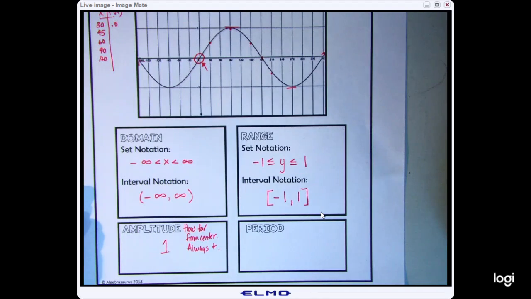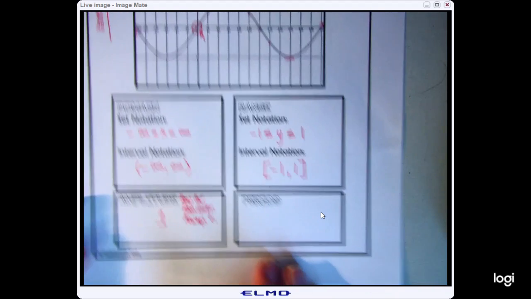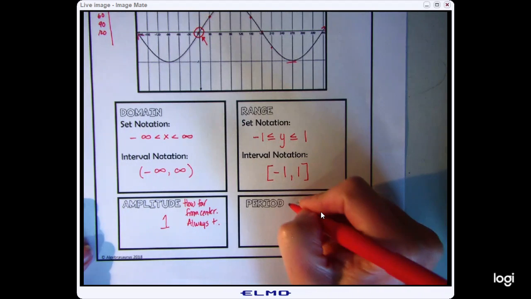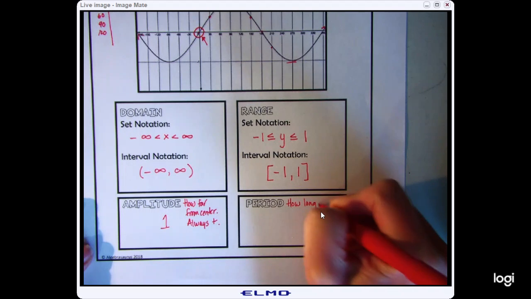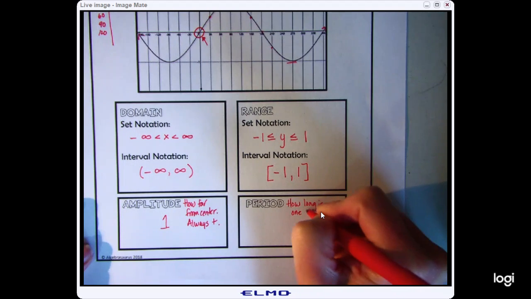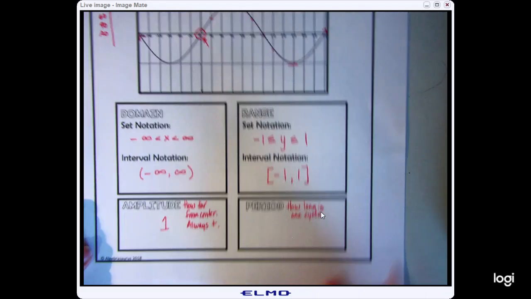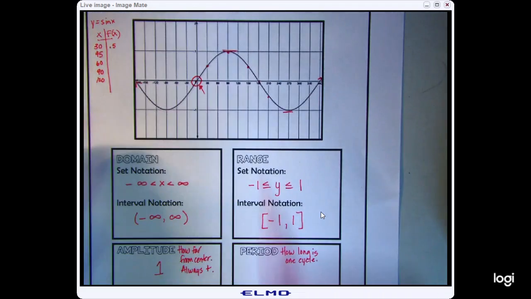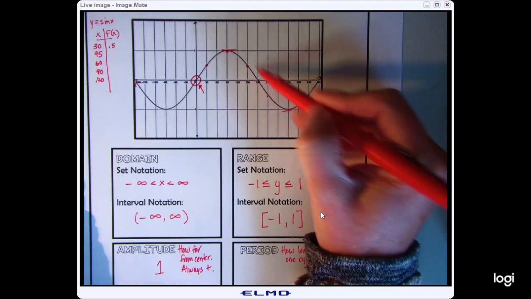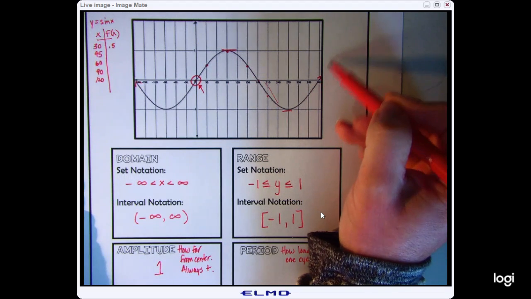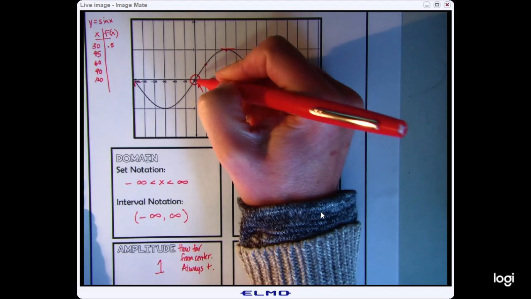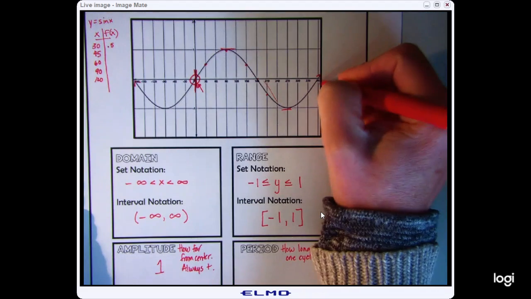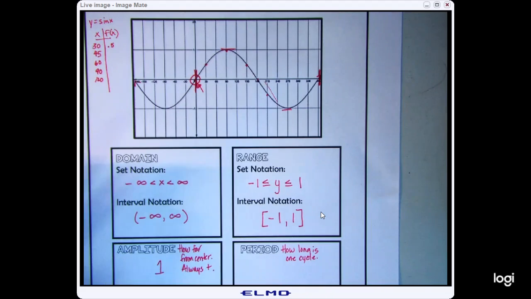All right. Now let's look at the period. Period means how long is one cycle. Now if you were to look at this and continue, it would do an exact wave that looks just the same. So from here to here is one cycle, and then it repeats itself.